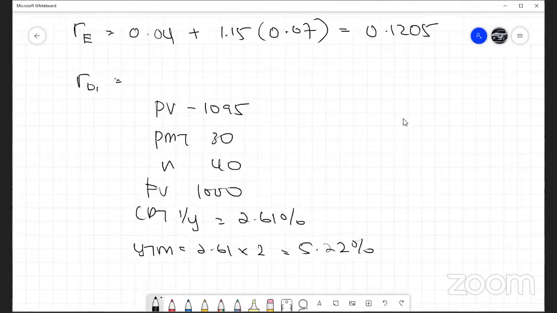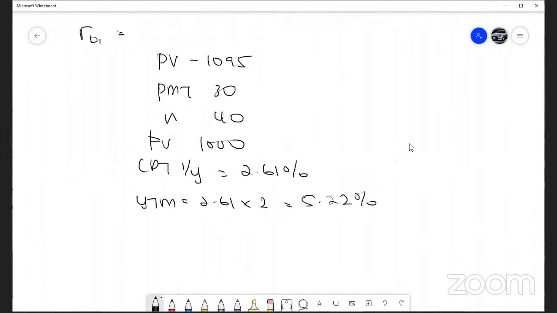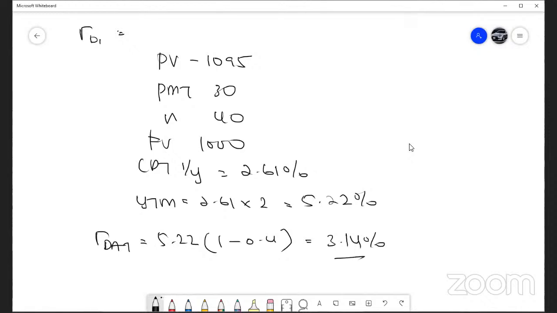You want to find the after-tax rate: 5.22 multiplied by 1 minus 0.4. The tax rate is 40% for this question. Then you can get 3.14%. This is your cost of debt 1.